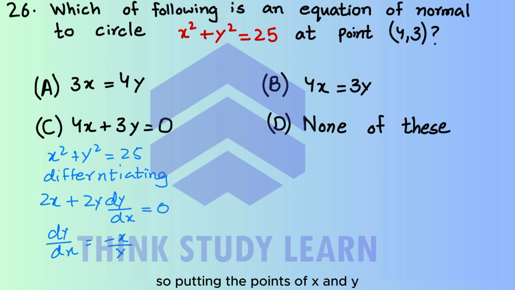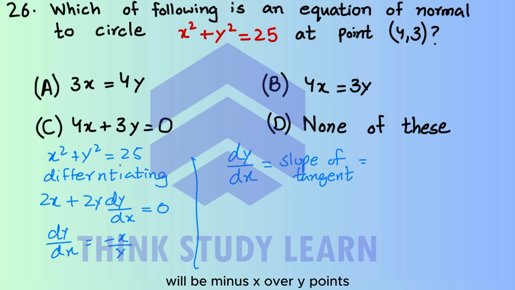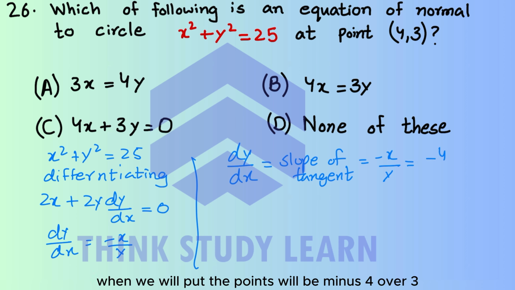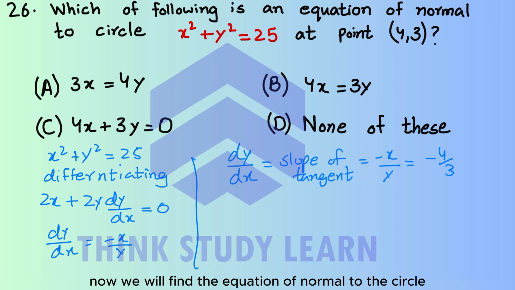So putting the points of x and y which are given in the question, the slope of the tangent will be minus x over y, which is minus 4 over 3. This is the slope of the tangent. Now we will find the equation of the normal to the circle.